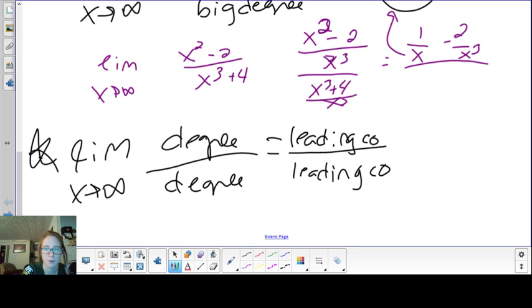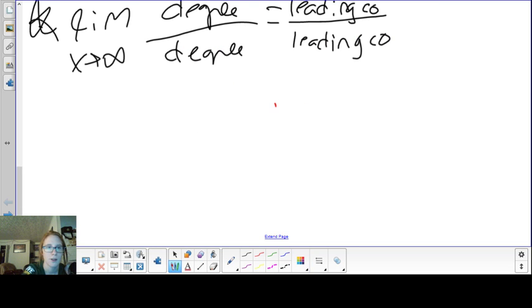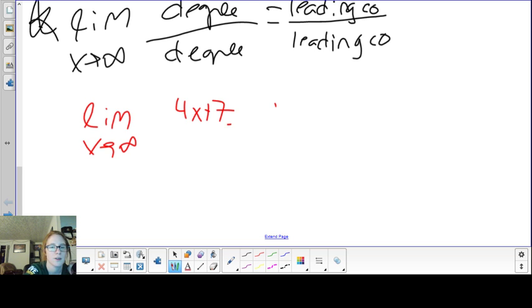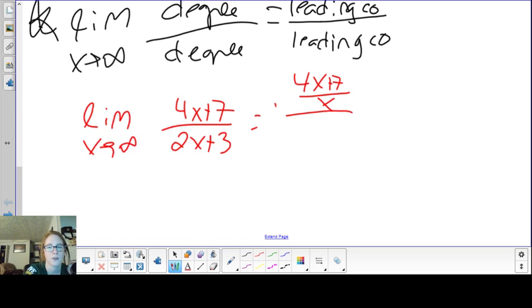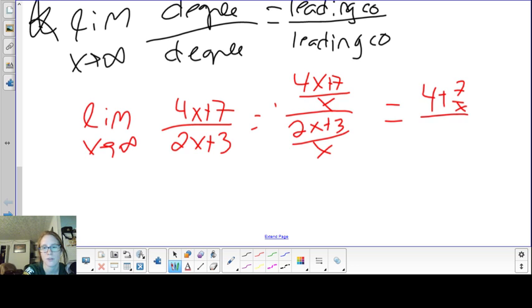For example, if I had the limit as x approached infinity of 4x plus 7 over 2x plus 3, I'd get 4x plus 7 over x, over 2x plus 3 over x, which is going to be 4 plus 7 over x over 2 plus 3 over x. And that would essentially give me 4 over 2, which would give me 2.